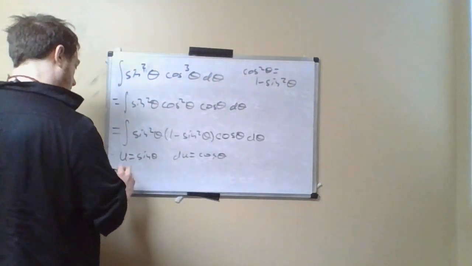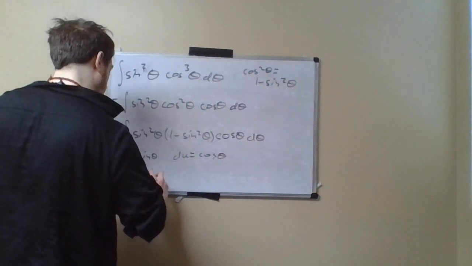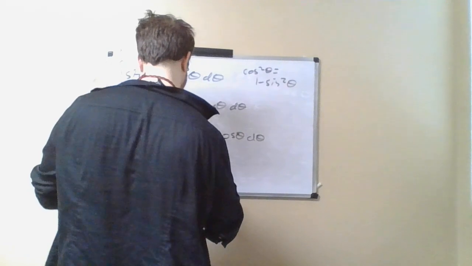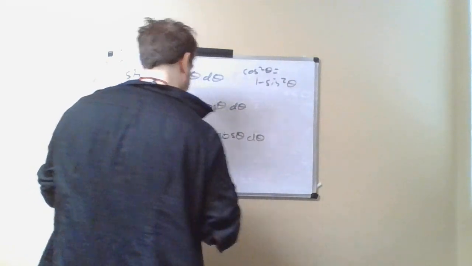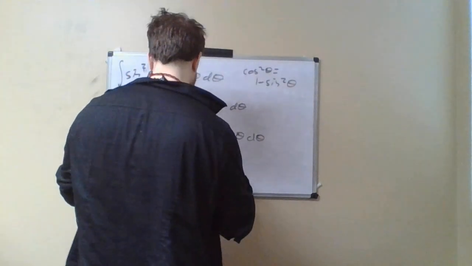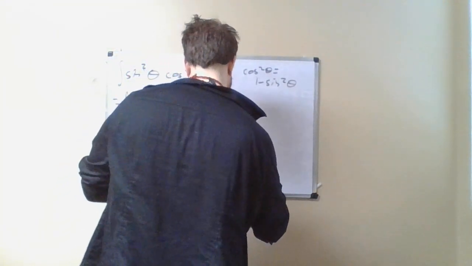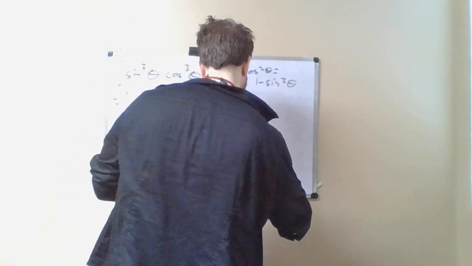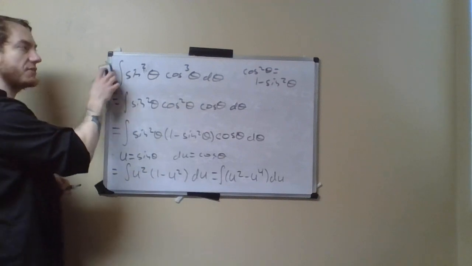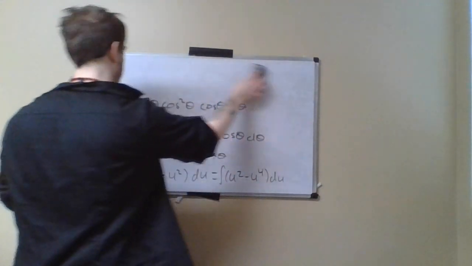So this integral is the integral of u squared times 1 minus u squared du. And of course, that is the integral of u squared minus u to the fourth du. And if we come back to the top, make sure you have this written down already.